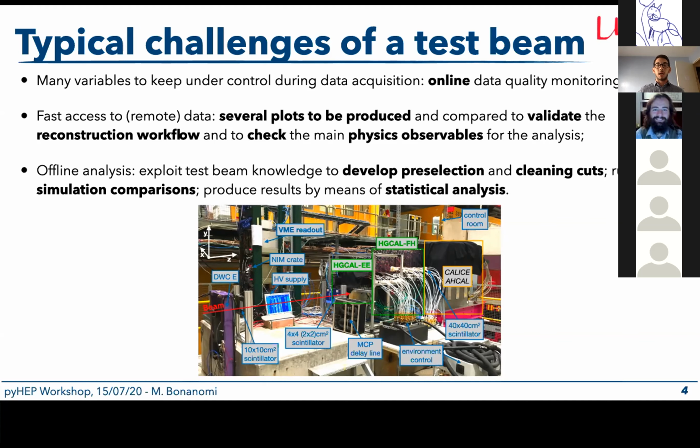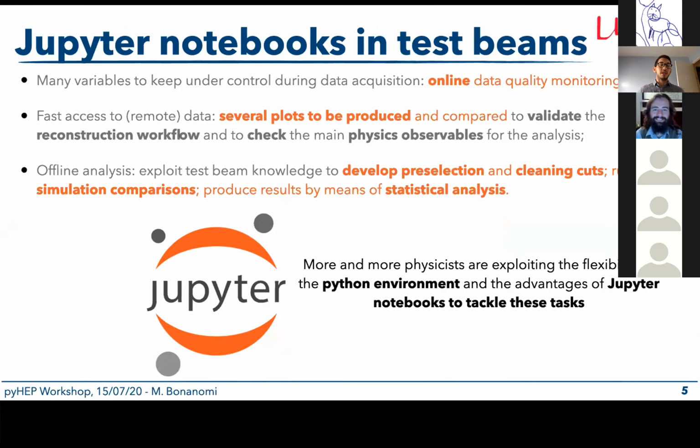You want to clean the data from noise or from some unexpected behavior that you observe. Then you want to run data to simulation comparisons. And at the end of the day, you want to get to a paper or to some physics performance assessment, which means running a statistical analysis. All these tasks are really suitable for the Python environment itself, but more in general for Jupyter notebooks.